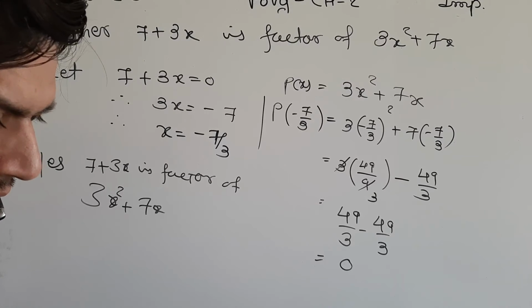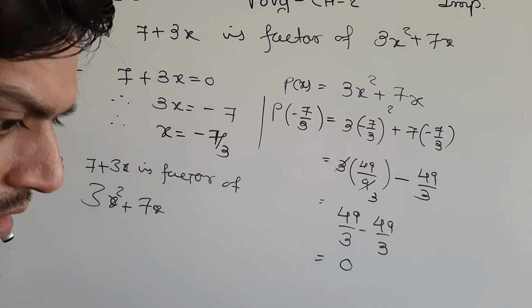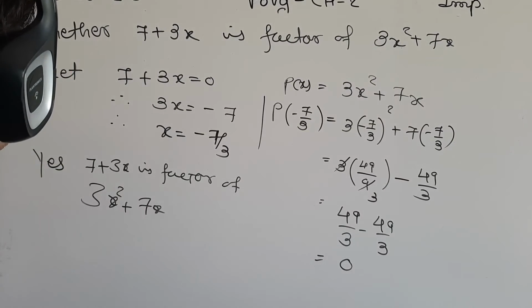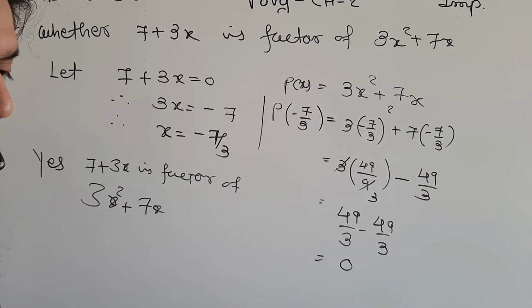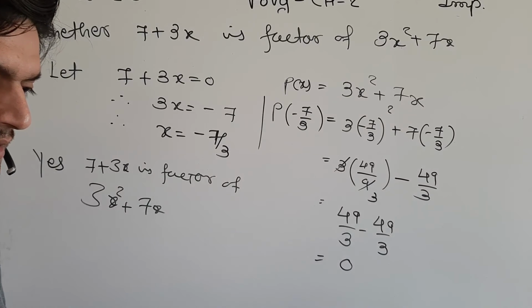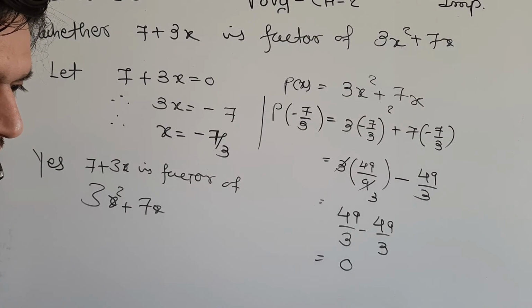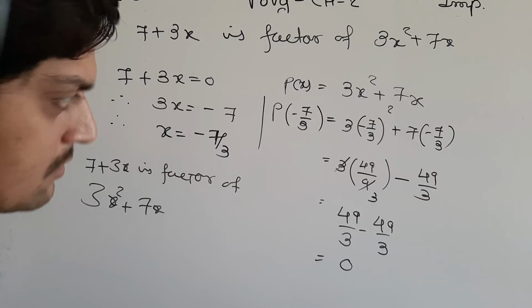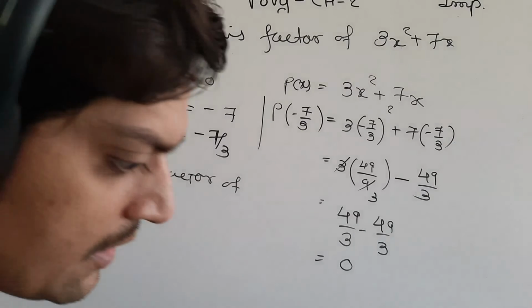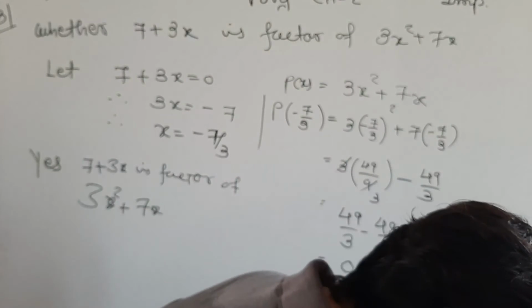So actually your answer is wrong there. I think you should check it again. See, easily we get remainder 0, so it is a factor. Check it again. One minute. Wait a minute. Oh, sorry.